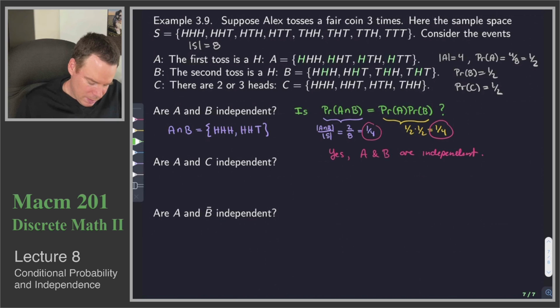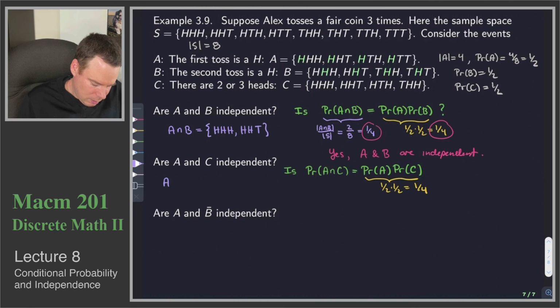How about, are A and C independent? Well, again, that's asking the question, is the probability of A intersect C equal to the probability of A times the probability of C? Again, this side is a half times a half, or a quarter. What's the probability of A intersect C? Well, we can work out what the intersection is.